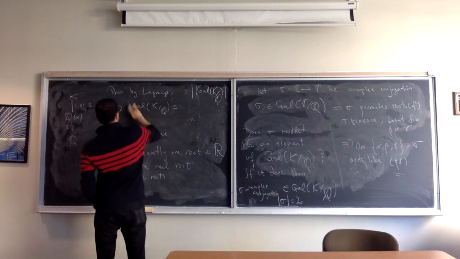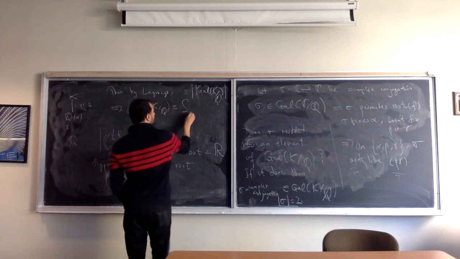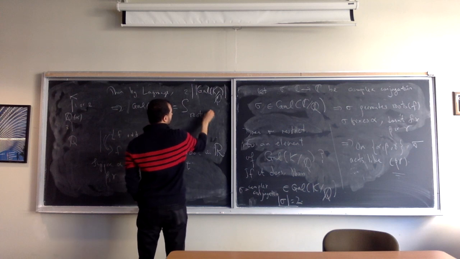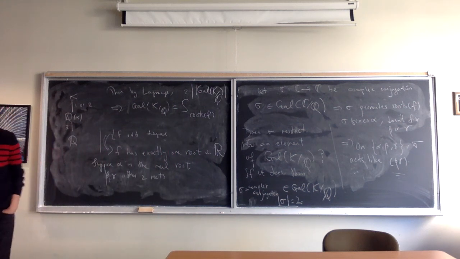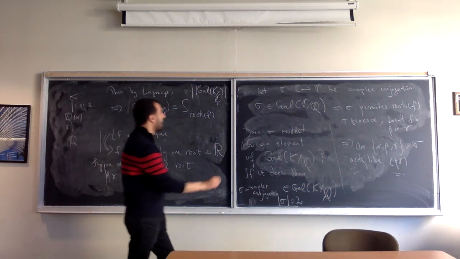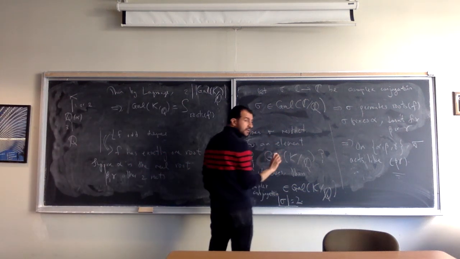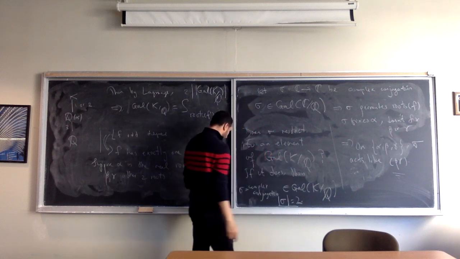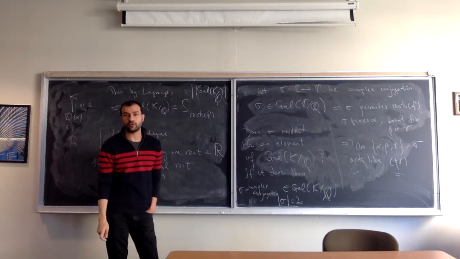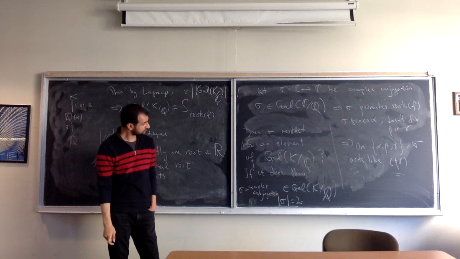This is equal to the full symmetric group on the set of roots of f in this case. That is assuming that sigma, complex conjugation, does indeed restrict to an element of the Galois group of K over Q.